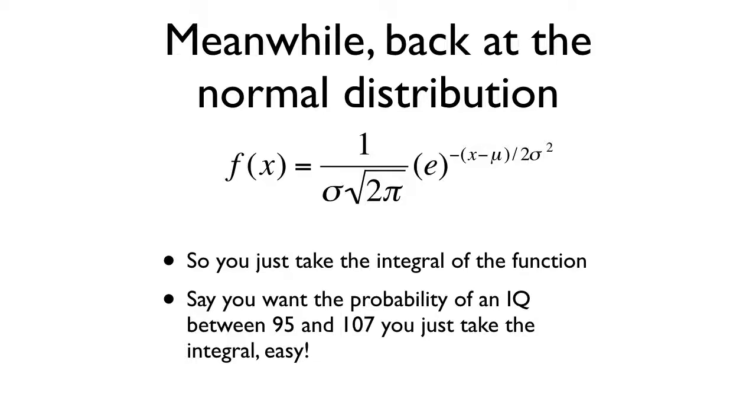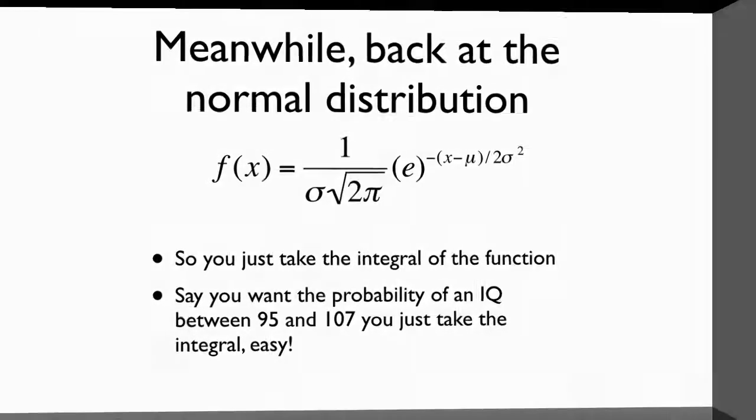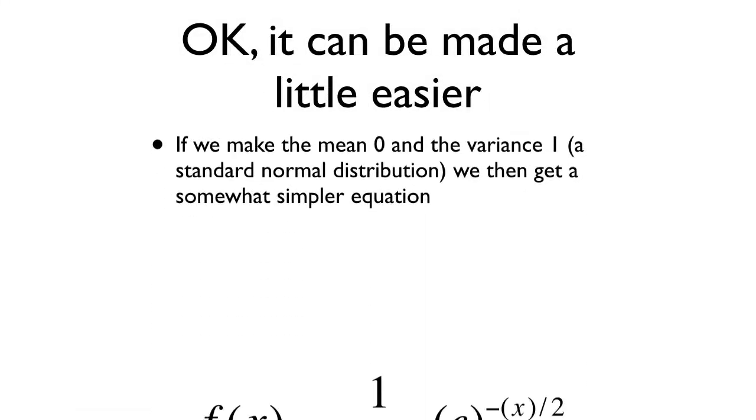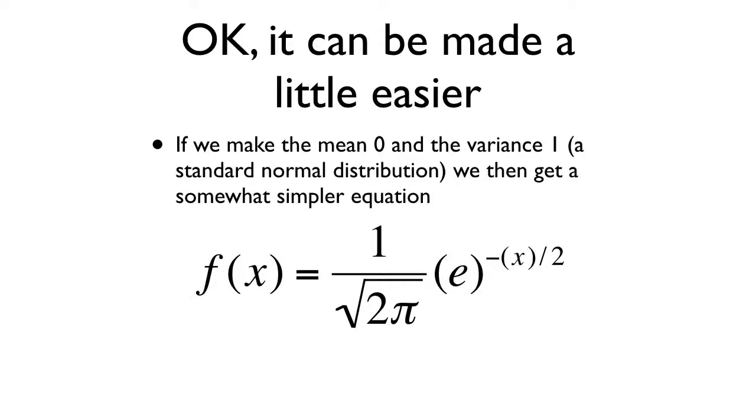And in fact, typically that's what you're doing when you look things up in a Z distribution. That's kind of what you're doing in a Z table. Now, you could make it a little easier. What if we made the mean 0 and the variance 1? In other words, the standard normal. This is a little bit easier.